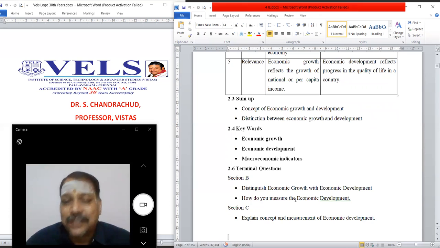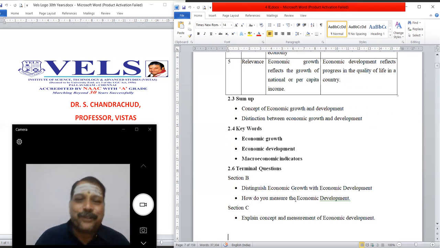These are the possible section B questions, but sometimes they may ask as section C, explain the concept of economic development or how it has to be measured. So in this particular unit, keep in mind how to differentiate economic growth and economic development.